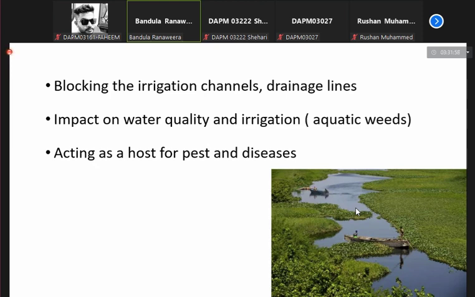So, other than that, weed plants are acting as host plants, alternate host plants of many pests and diseases. I think you have many examples. So you can see many viral diseases are surviving on weed plants.